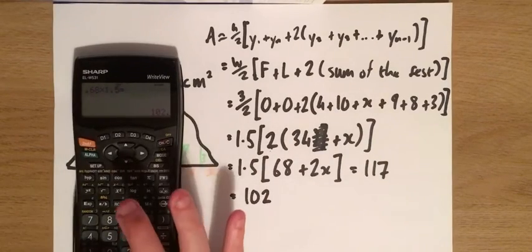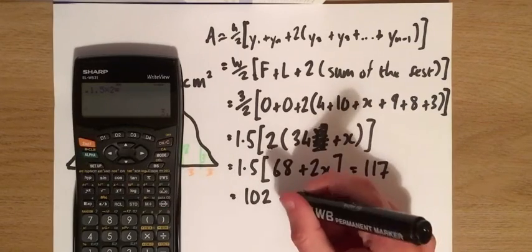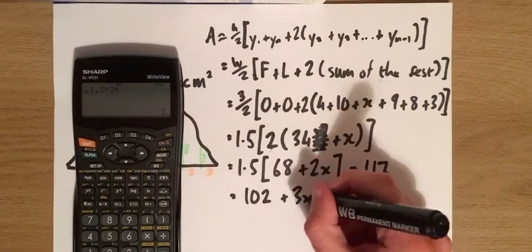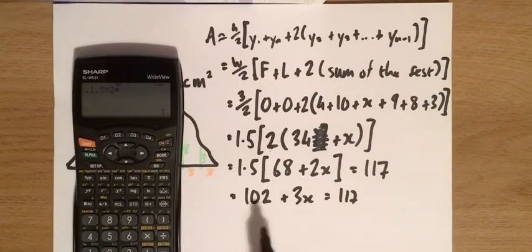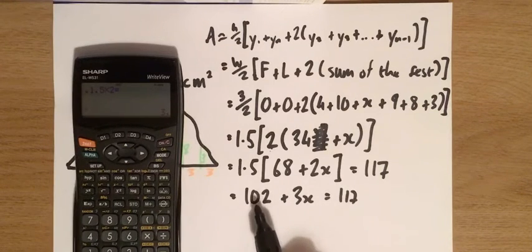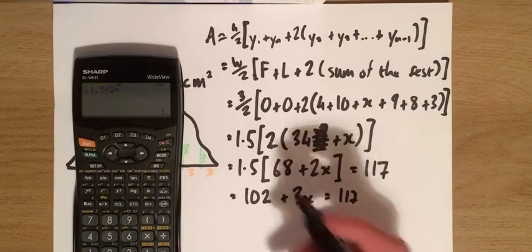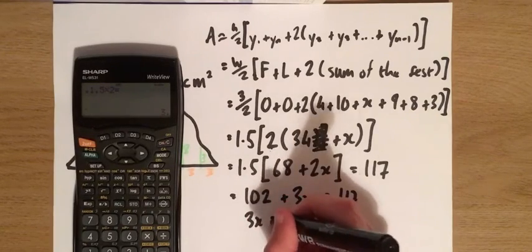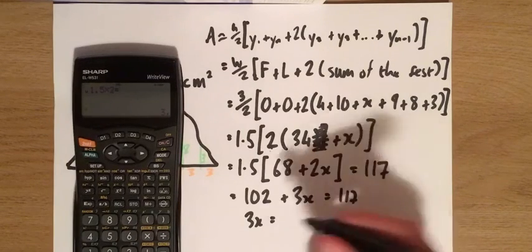1.5 times 2x, so just 1.5 times 2 is 3, so that's 3x is equal to 117. So 102 plus 3x equals 117. Bring the plus 102 over, it becomes minus 102. So 3x is equal to 117 minus 102, which is just 15.